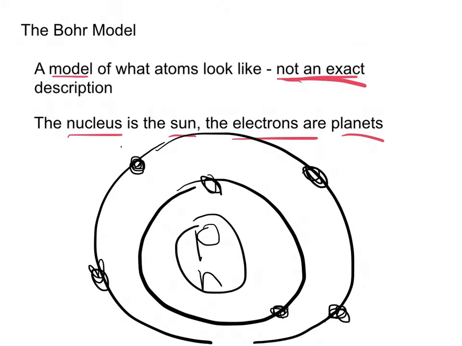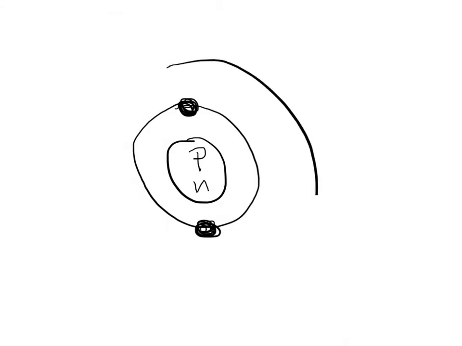Now these paths that the electrons take are called orbitals or shells or energy levels. In these Bohr models, the first shell or the first energy level can only hold a maximum of 2 electrons. Once you fill that up with its 2 electrons, that's it. You can't put any more on there. If you have any more electrons to put on, you have to put them on the next energy level.